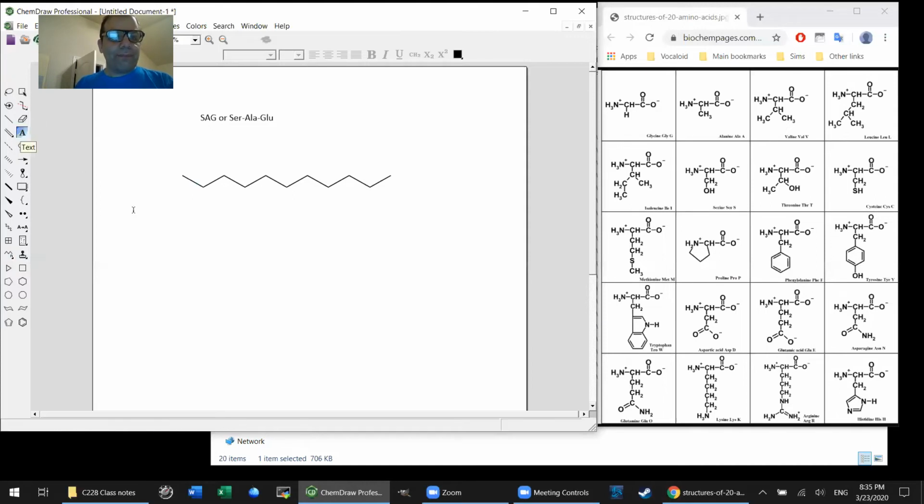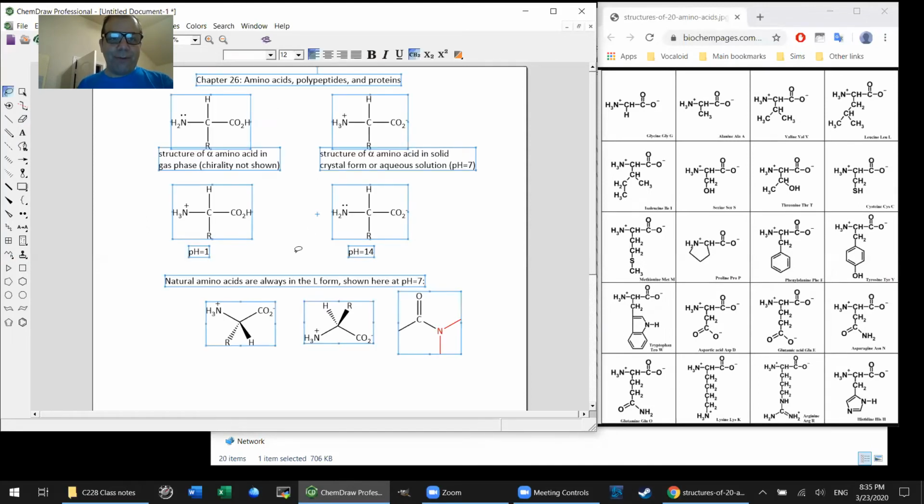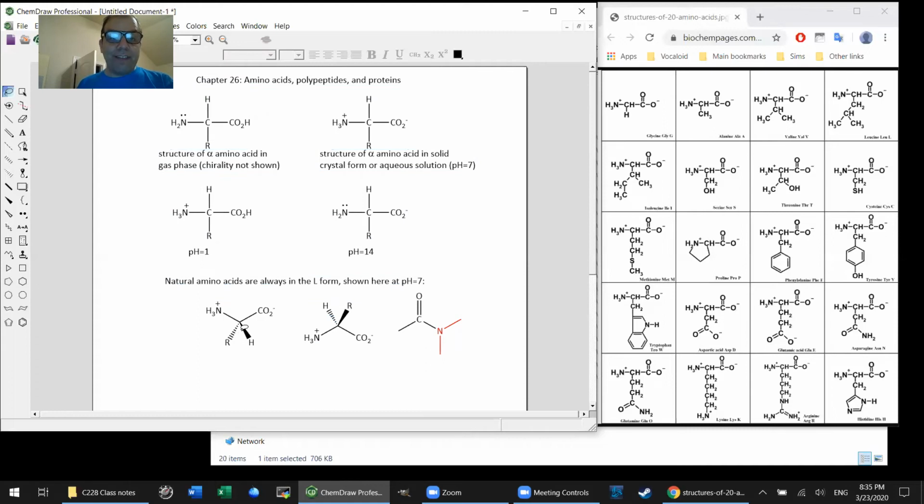Oh, this reminds me. Let me see if I can do an undo. Yes, good, that's all still there. So I mentioned that this chirality here is always going to be what you see here, always the L form. And I got to thinking, how does that work out with R's and S's?